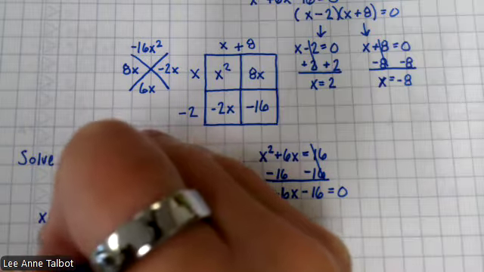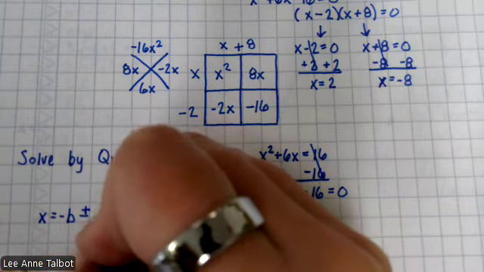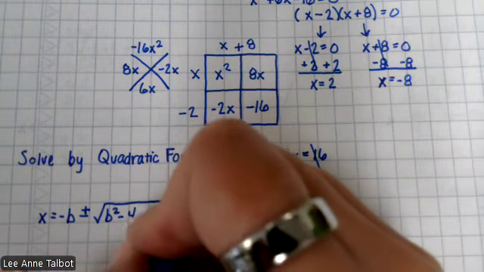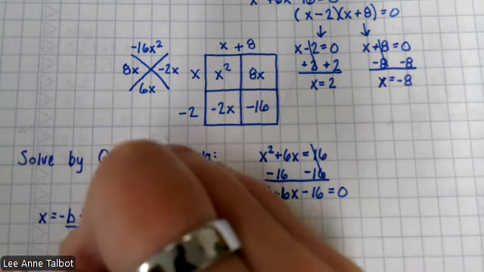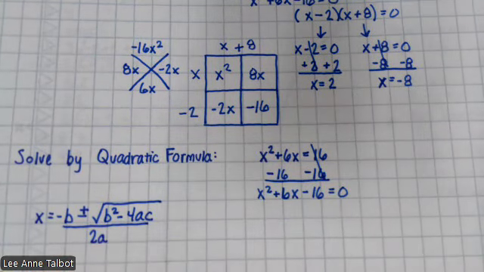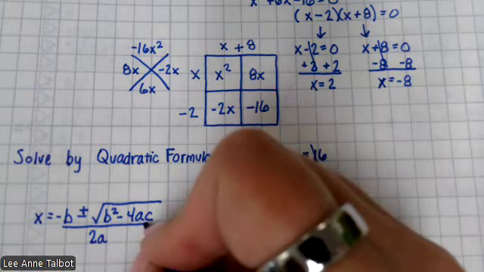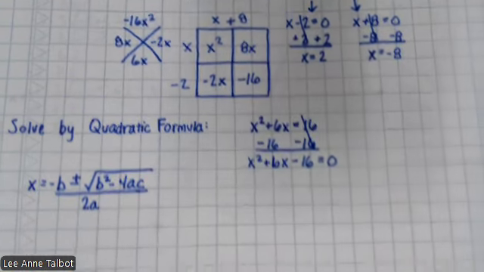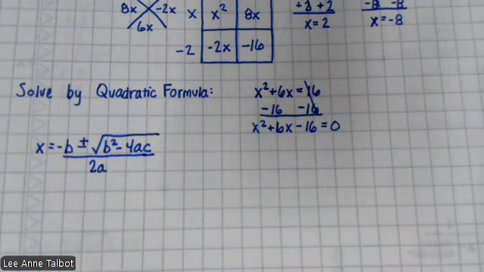X equals negative b plus or minus square root b squared minus 4ac all over 2a. And this one's going to be a nice one because it comes out to whole numbers. So this is a great place for us to start.